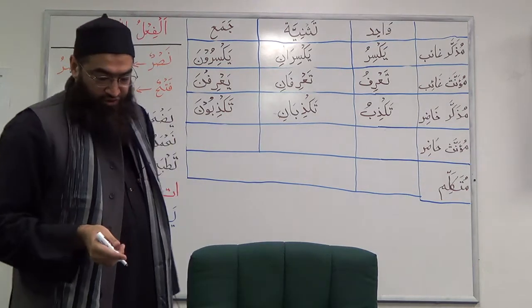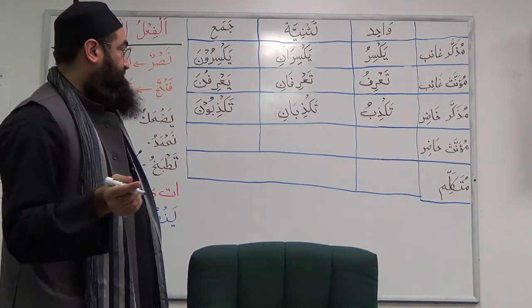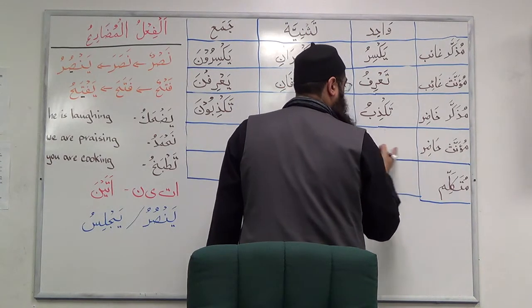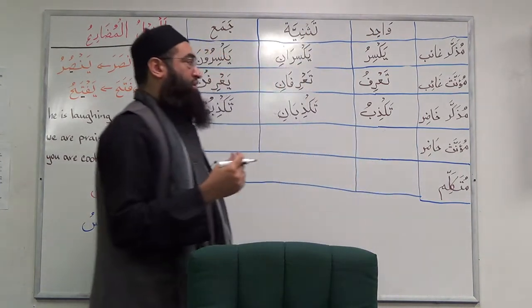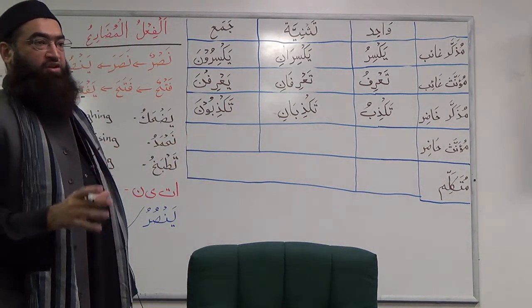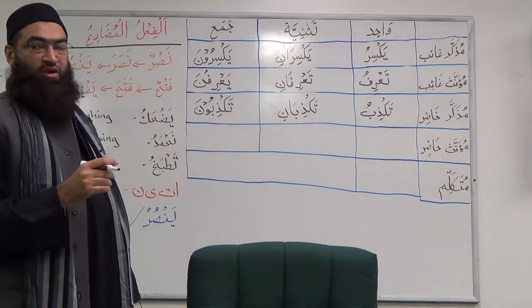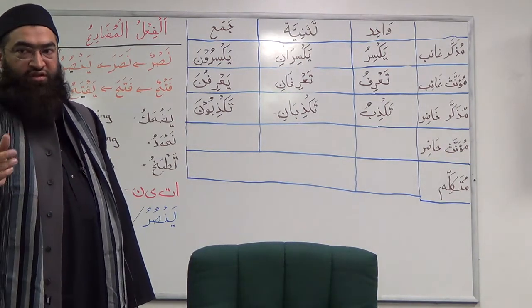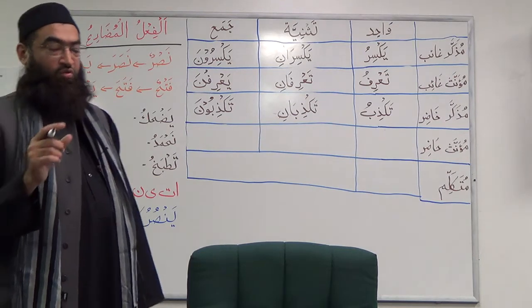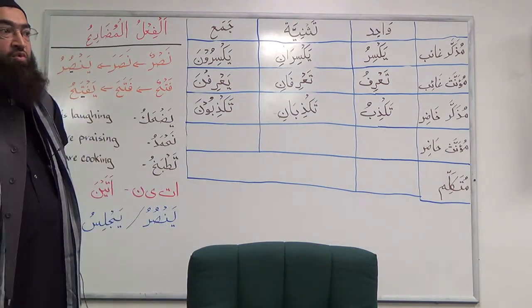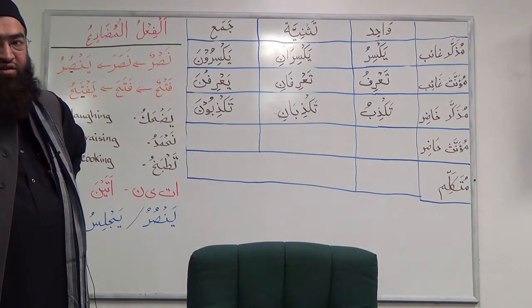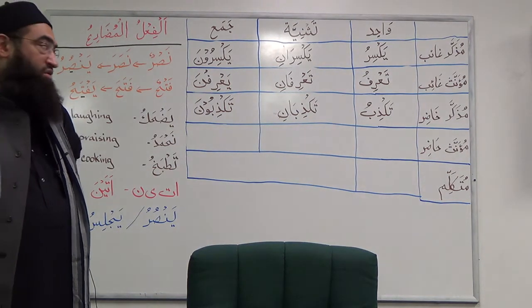And the last word is yasbir. Alright, so what will be the mu'annath hadir over here for sabr? You, one lady, are being patient. You are being patient. You're talking to somebody. What's going to be here? Look at the word. What's the ending? What's the two letters? Ya and a noon.